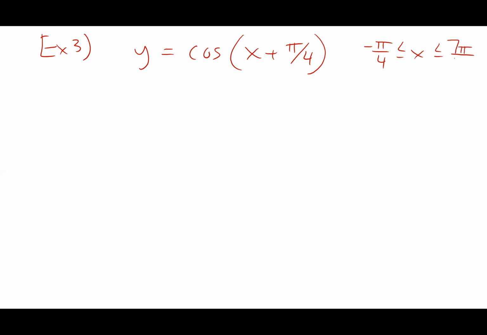Negative pi. Well, they're going to say it's 7 pi, and I was like, what? 7 pi over 4 is what? Pi over 2? That's what you're going to figure out. The major thing on this one is just the scale. You guys have to think about the scale along the x-axis.